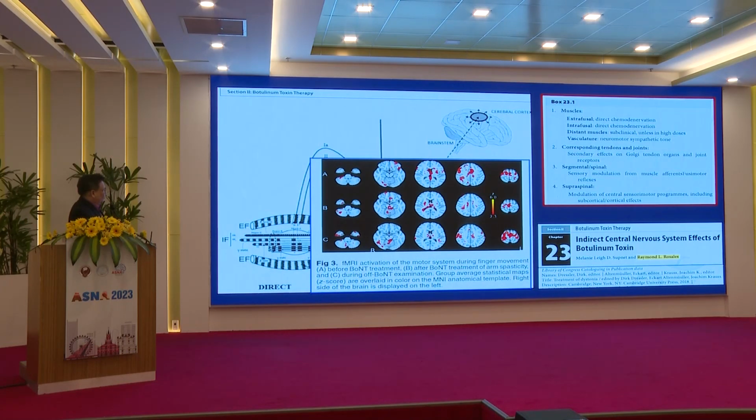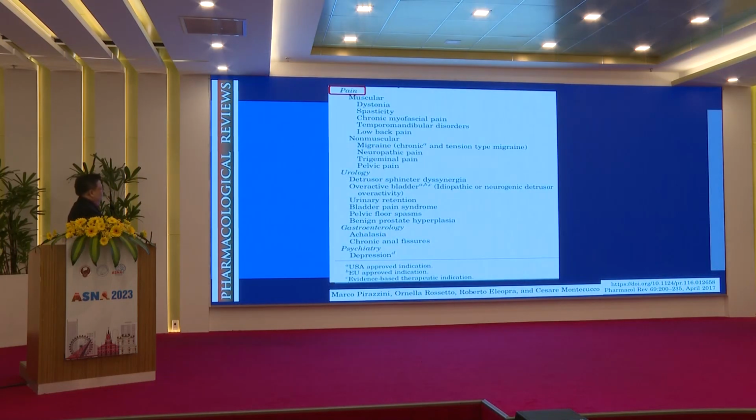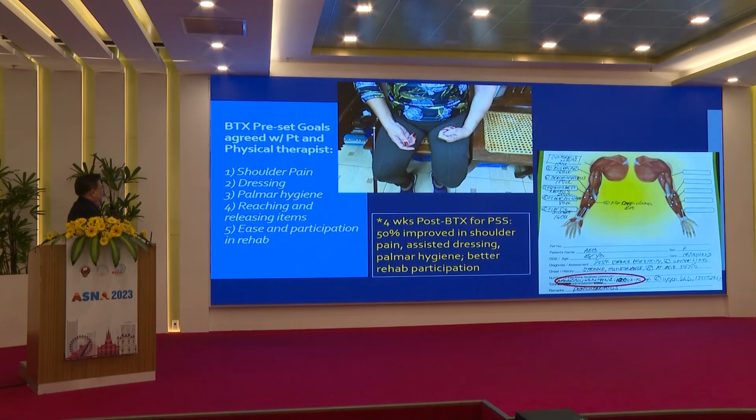And then after 12 weeks, it goes back to the previous ones. That's very interesting. Now, of course, the therapeutic uses of botulinum toxin, I will just be very quick here. Other than spasticity and dystonia, it also includes pain. And so let's be aware of that.